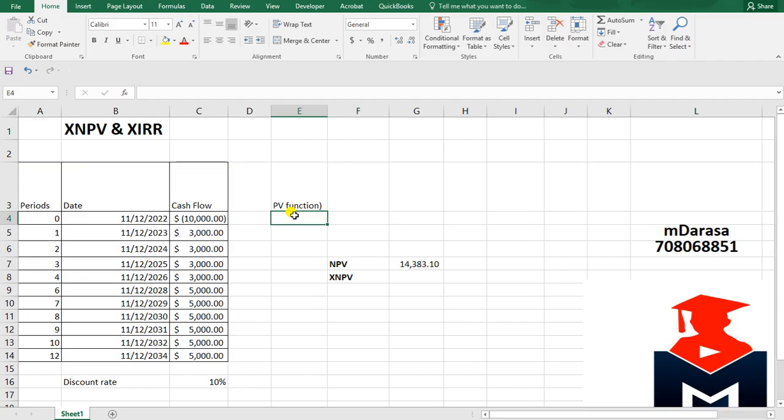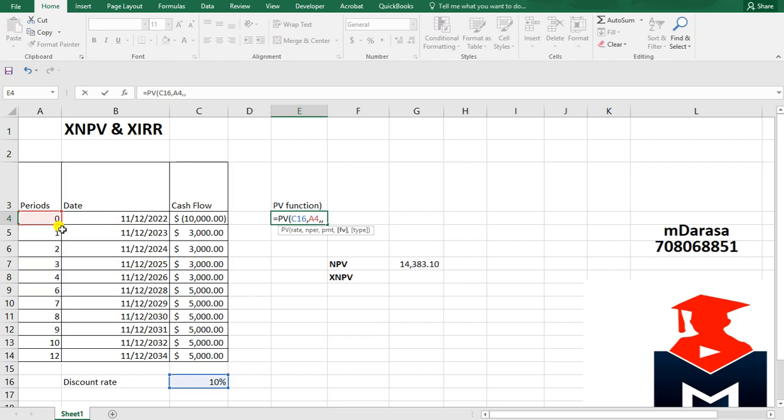I'm having, of course, our period. So I'll be having basically our function here, PV. Tab, rate is 10%. Period, of course, you can start from 0. Then the payment, which you don't have.